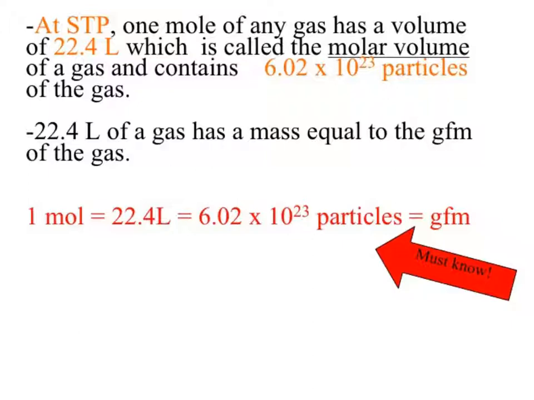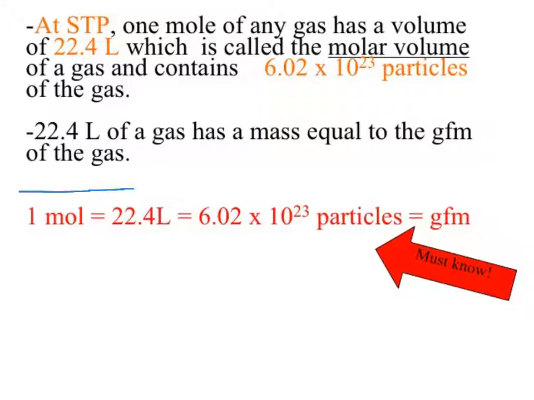STP we're going to cover in the next slide, but 22.4 liters is how much space any gas will take at a certain temperature and pressure. We call it molar volume, and it's going to contain the same as 6.02 times 10 to the 23rd particles of the gas. So all of these things that we're learning are related.